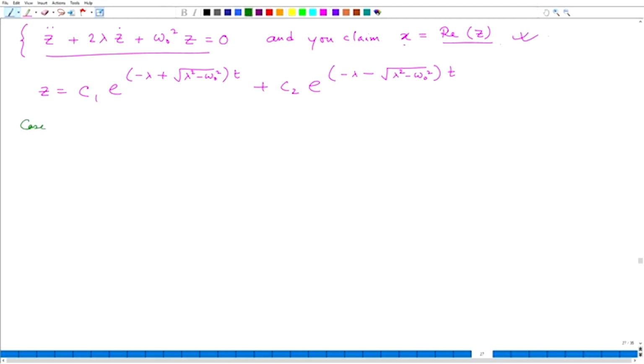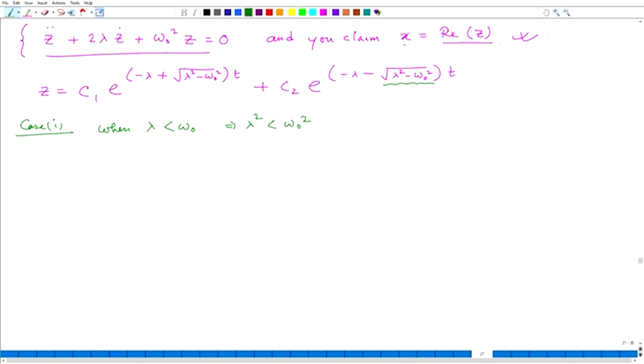So, case 1 is when lambda is less than omega 0. That means this thing is imaginary. So, lambda square will be less than omega 0 square.